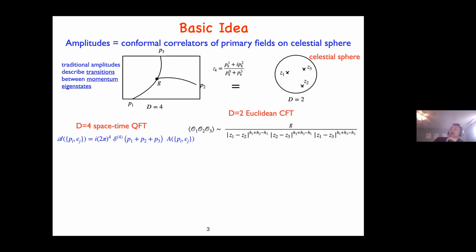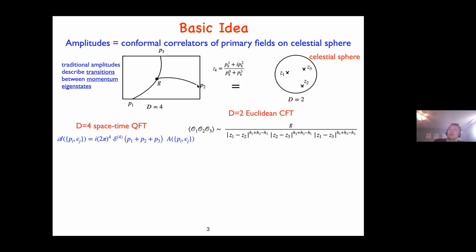Now, we will see that there is a map that allows you to go from the standard 4-dimensional amplitudes to expressions that describe correlators of conformal primaries in a 2-dimensional conformal field theory. This mapping involves energies being transformed into conformal dimensions of primary operators.